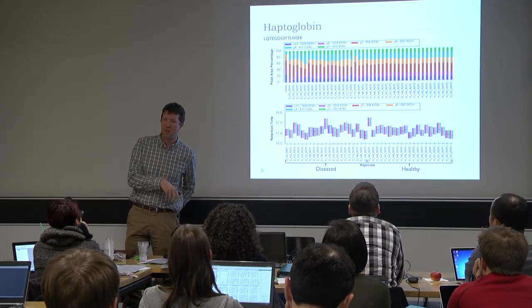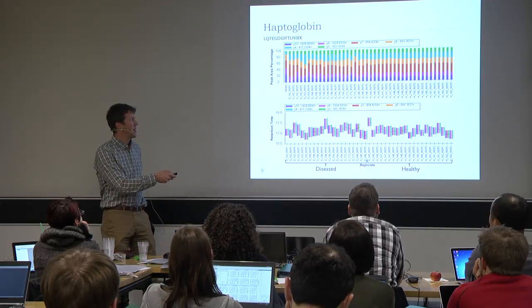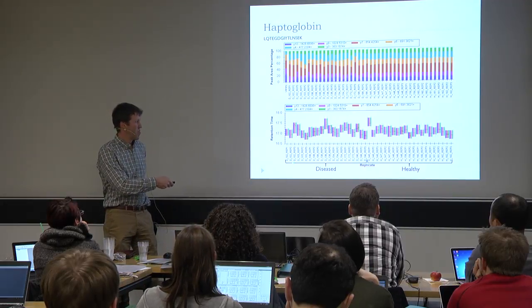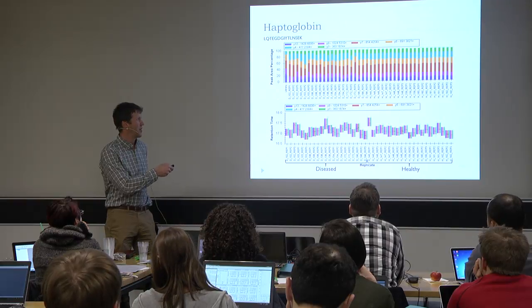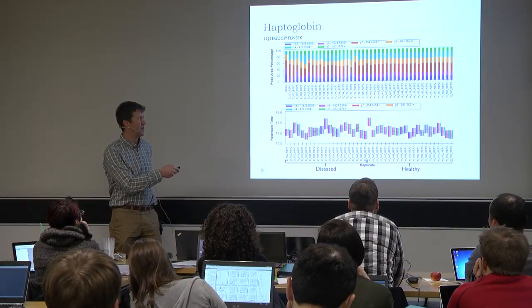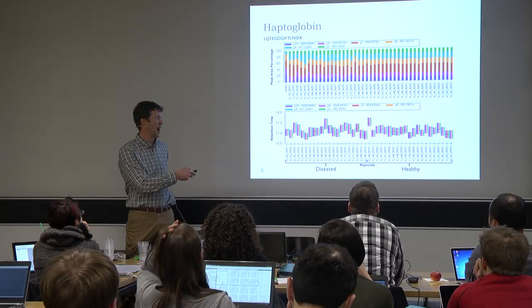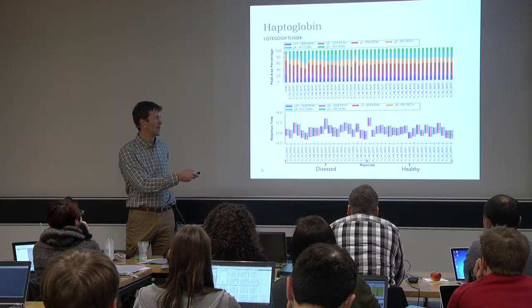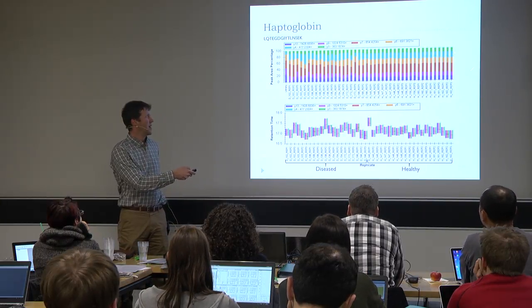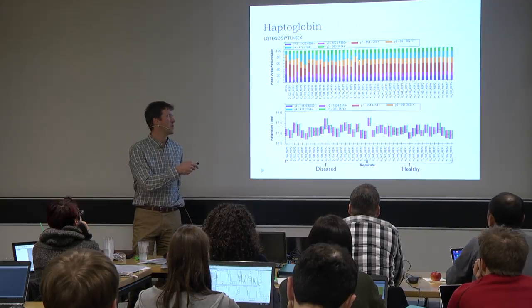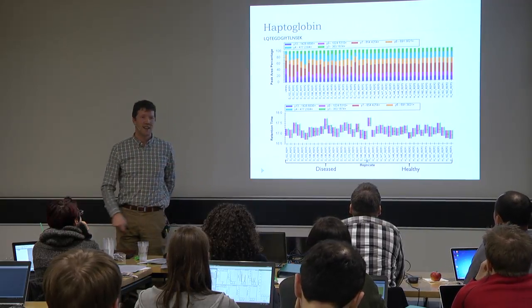But I don't know. Okay, how about, I've annotated it here. These are all the runs of our diseased rats, or heart failure rats, and then these are the healthy ones. Anybody see any difference between the healthy side and the disease side?